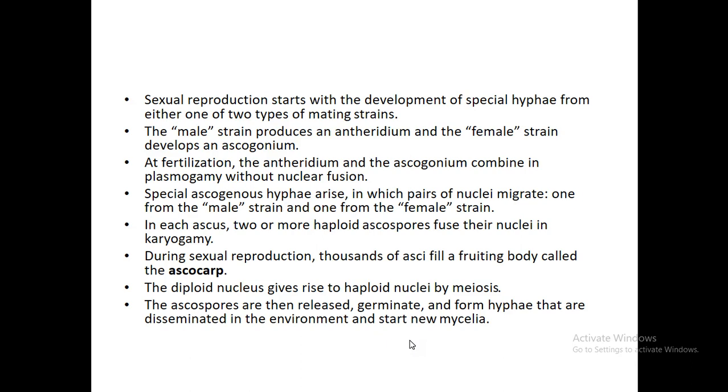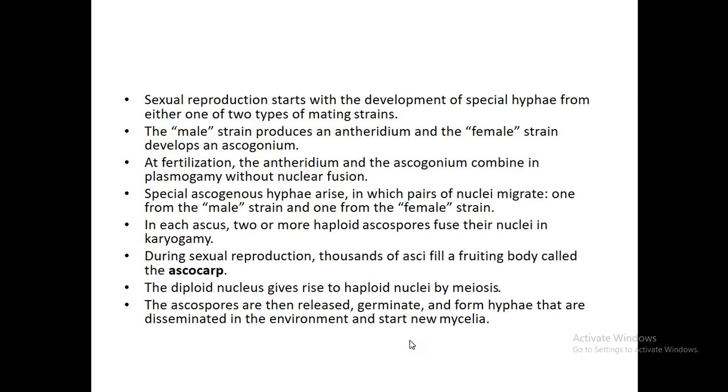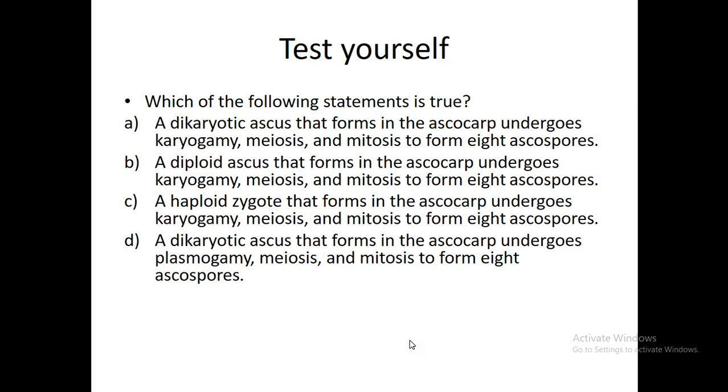Now we move on to the other class. But first, I want you to ask yourself this question and think about it. Go through the previous slide, read it, and then answer this question. Which of the following statements is true? A dikaryotic ascus that forms in the ascocarp undergoes karyogamy, meiosis, and mitosis to form 8 ascospores, or a diploid ascus that forms in the ascocarp undergoes karyogamy, meiosis, and mitosis to form 8 ascospores.